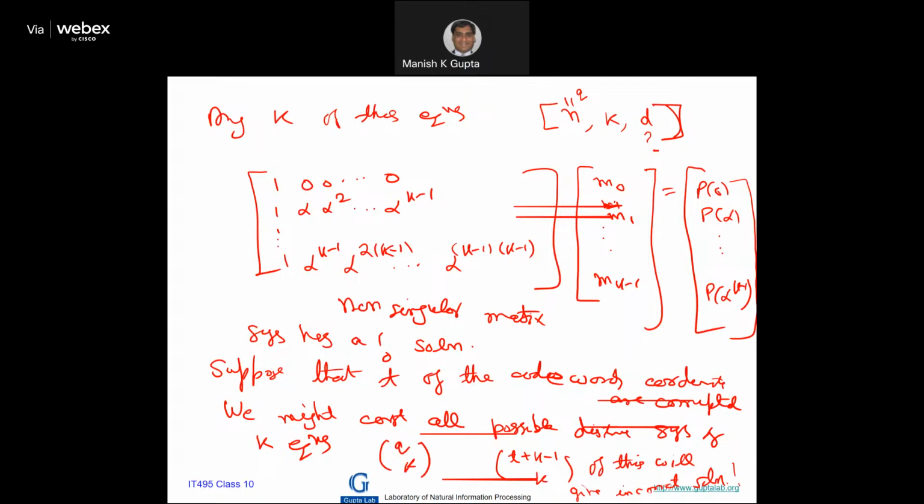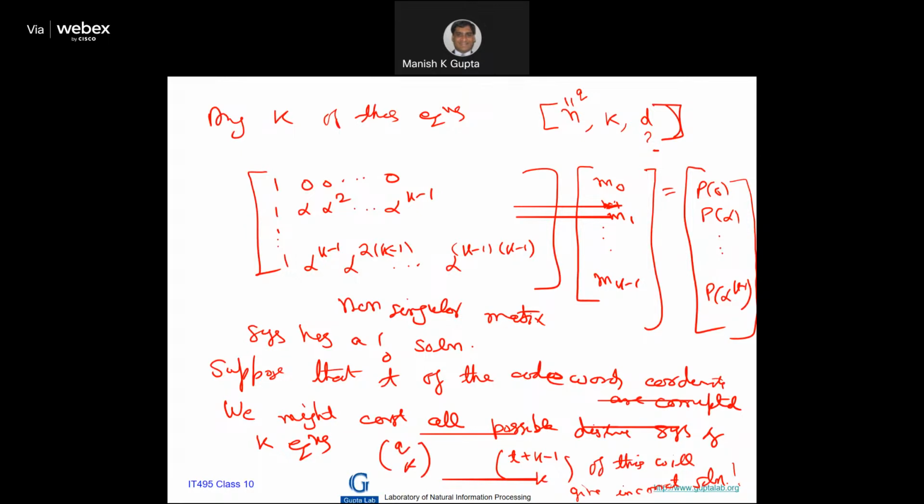Why? I leave it as an exercise; I can ask these things in the exam, so I'm purposefully giving only this small part. So out of Q choose K systems, T plus K minus 1 choose K of these will give you an incorrect solution. These many will be incorrect because there are T corrupted positions.